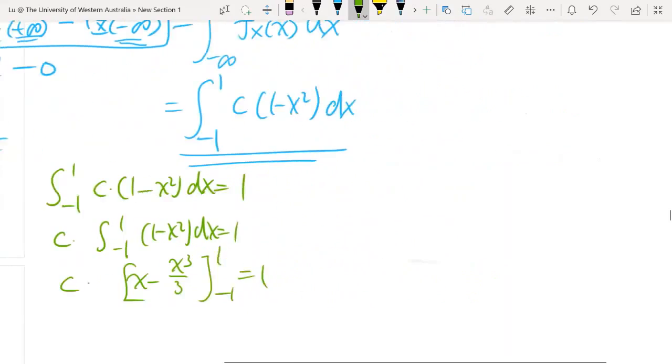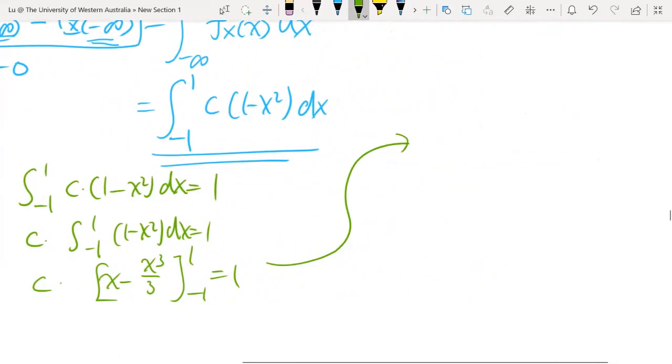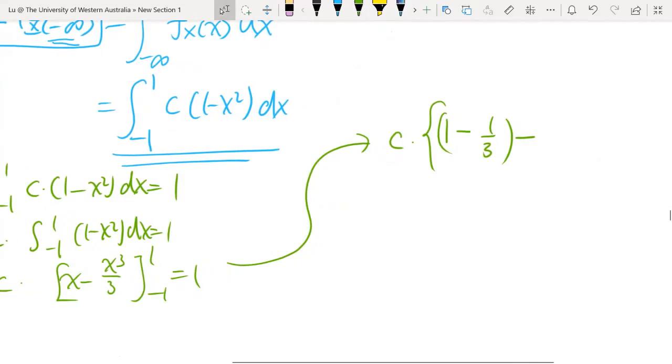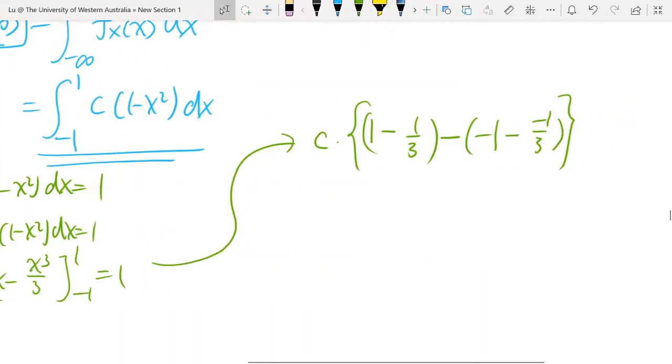So I need more space. Keep going here. So c multiplied by: when x is 1, 1 minus 1 over 3, minus (-1 minus (-1) over 3), equal to 1.